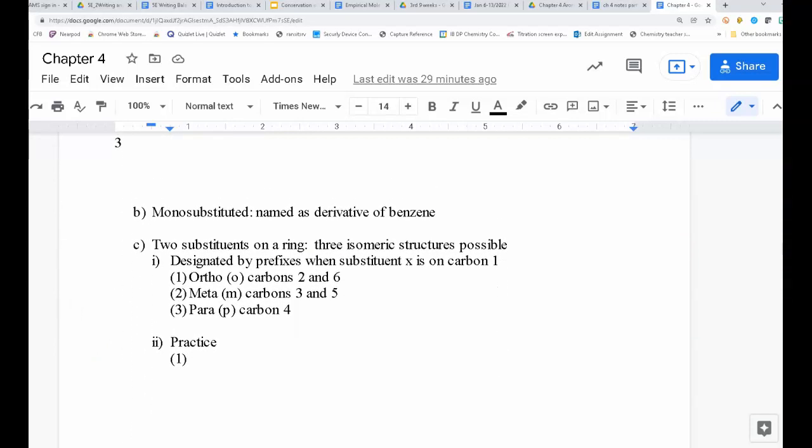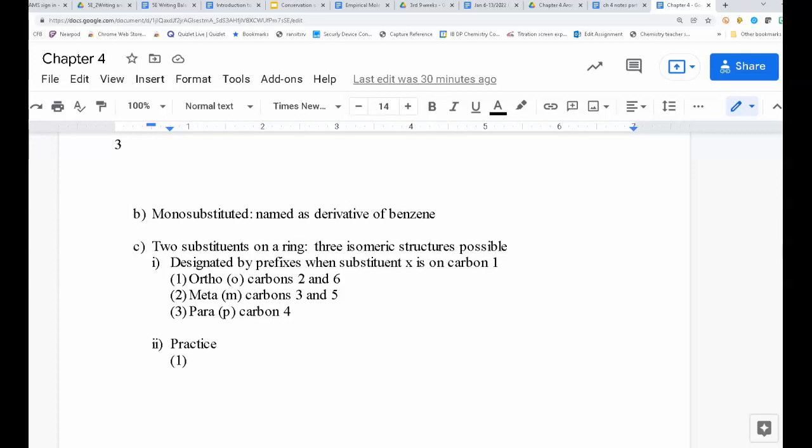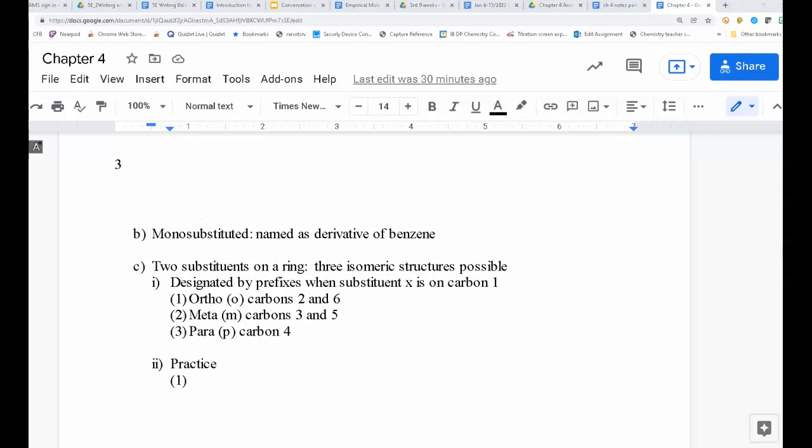Okay, here we go. Sometimes we have to be able to name certain derivatives of benzene. In other words, when we start to make benzene derivatives, we are going to have one thing attached to it. So how do we name it if it's not got those special names that you heard of? If it's got a Br on it or a Cl on it, you're just going to call it something simple like bromobenzene or chlorobenzene.